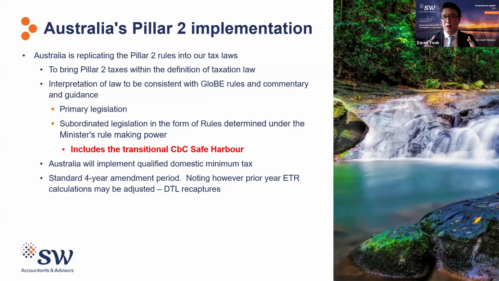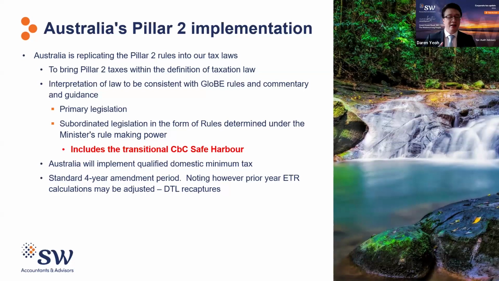Now, I'll leave it to the lawmakers and policymakers to explain why this is necessary. But it was explained that the purpose of this is to bring Pillar 2 taxes within the definition of the taxation law. So practically, that means that the existing provisions, the tax administration provisions, will apply to the Pillar 2 taxes.